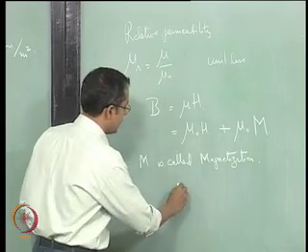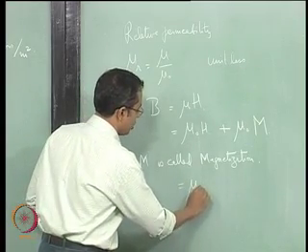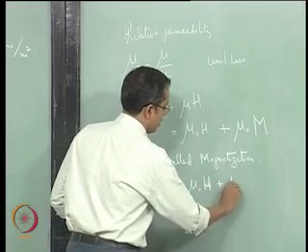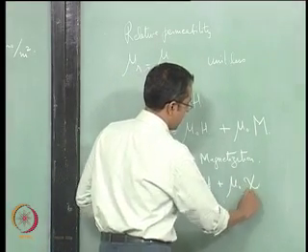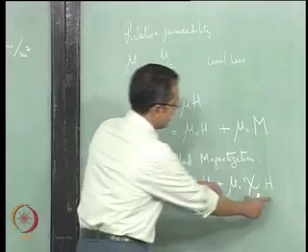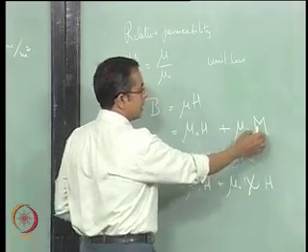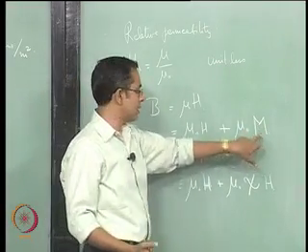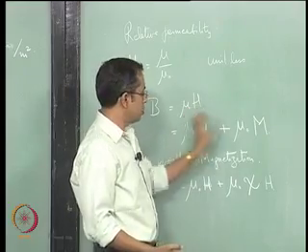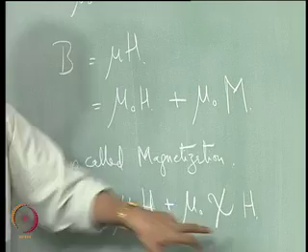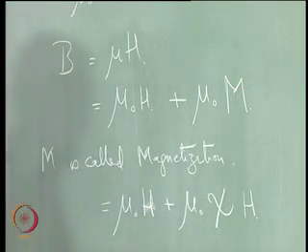We can write the same equation as mu naught H plus mu naught times chi times H, where this chi H tells us that the magnetization in the material has not occurred independently, but as a result of the field that you have applied. So we relate it as chi times H.